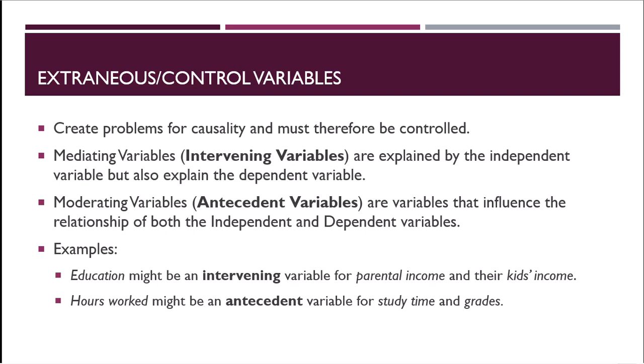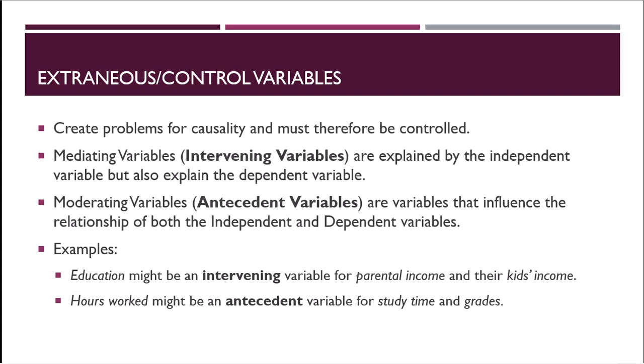And we can see that in the root word for antecedent. For those of you who know Spanish, the word antes, before, is related to the root word for antecedent, right, before.